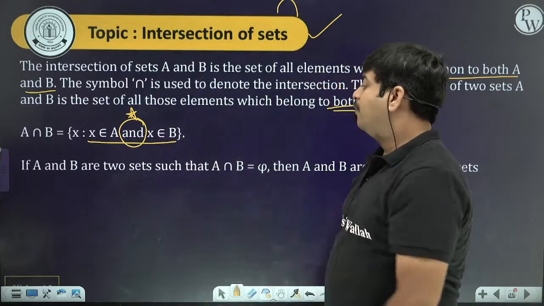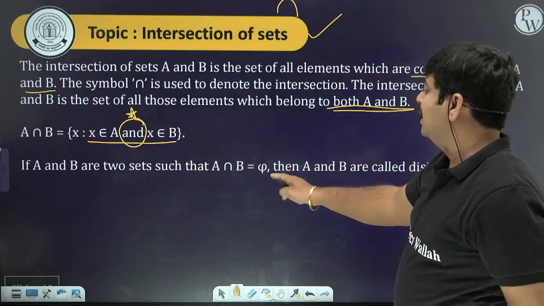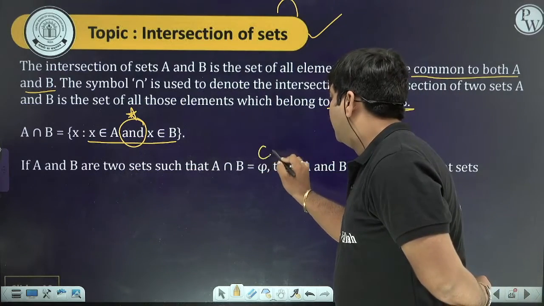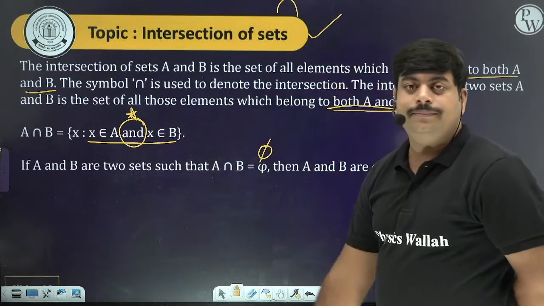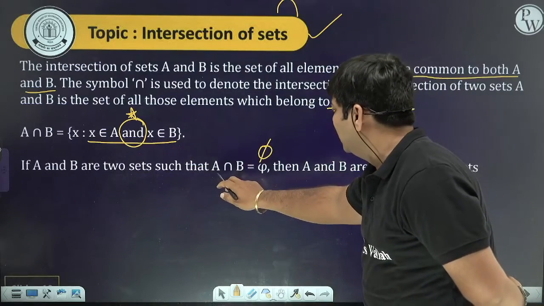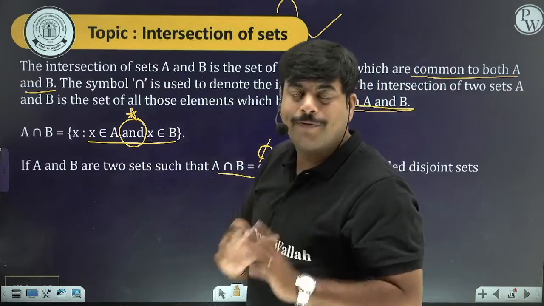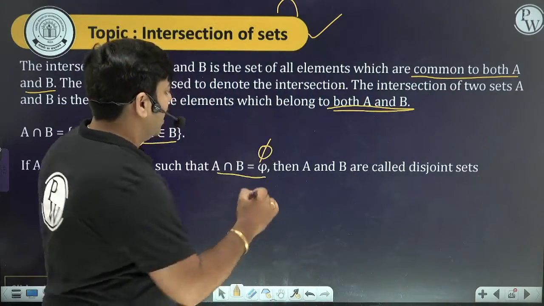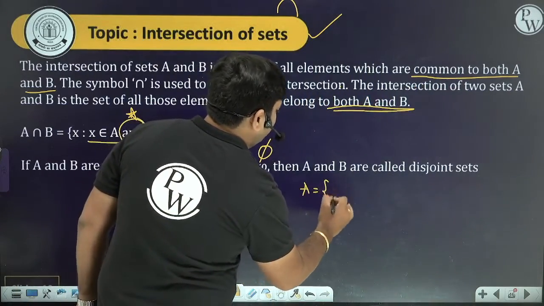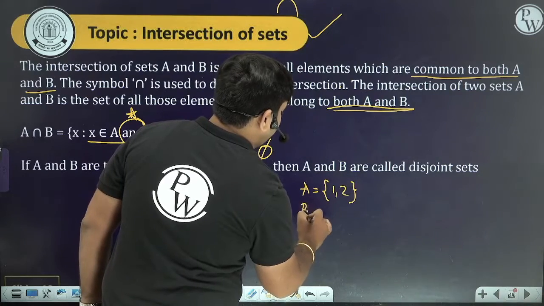Right? And if A and B are two sets such that A intersection B equals phi, people, what does that mean? That means there are no common elements between A and B. For example, A is equal to 1, 2, and let's say B is equal to 3, 4.